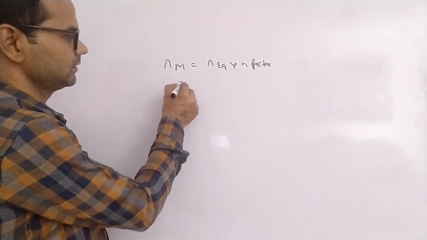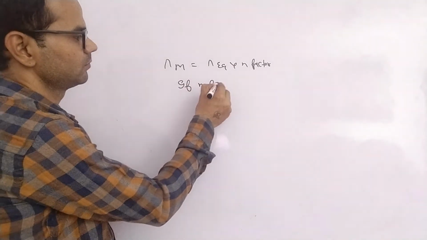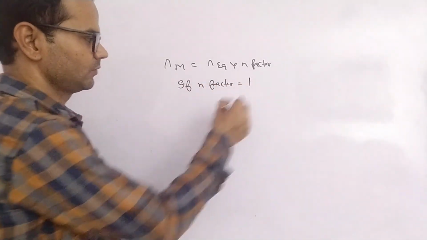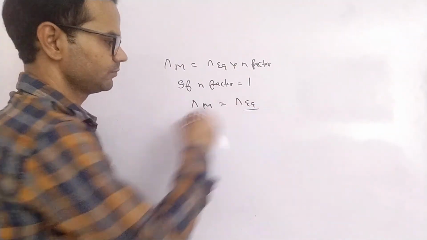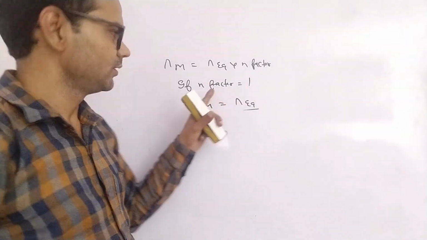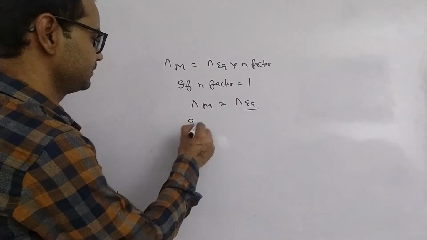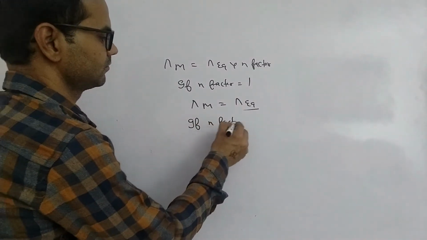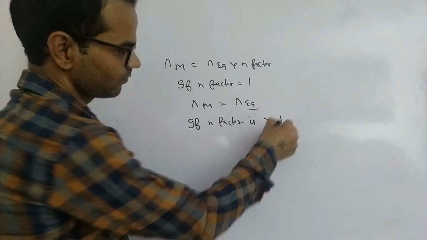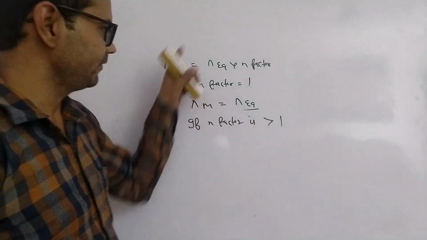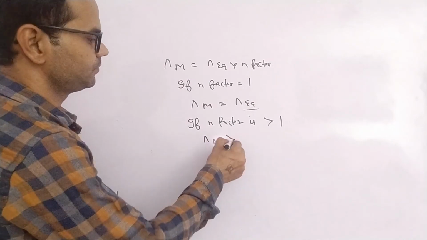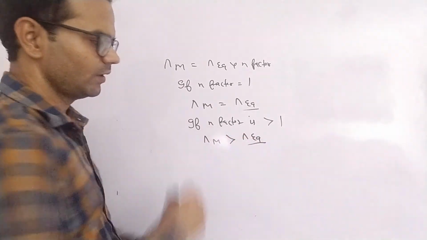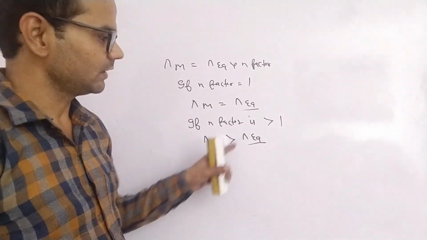If n factor is 1, then molar conductivity equal to equivalent conductivity. But if n factor is greater than 1, then definitely molar conductivity will be greater than equivalent conductivity.